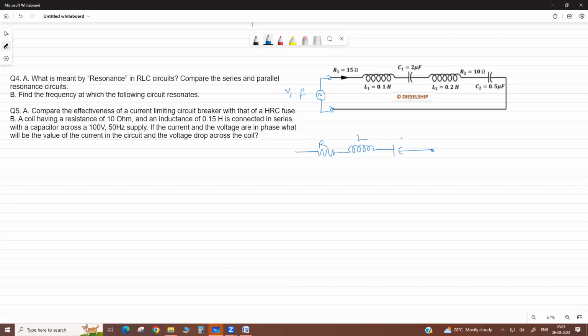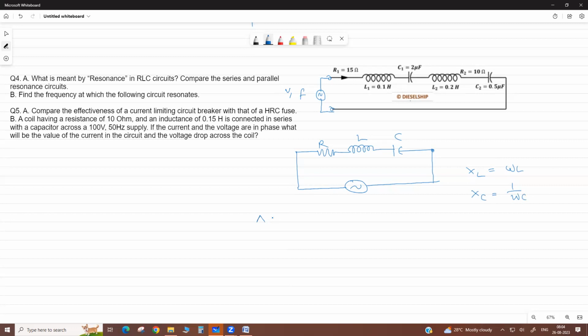R, L, C. Now equivalent to this. Now we calculate their XL, XC also. Okay, this is omega L. This is 1 by omega C.